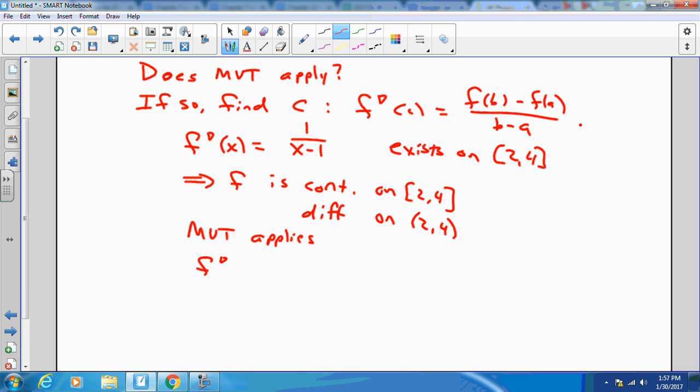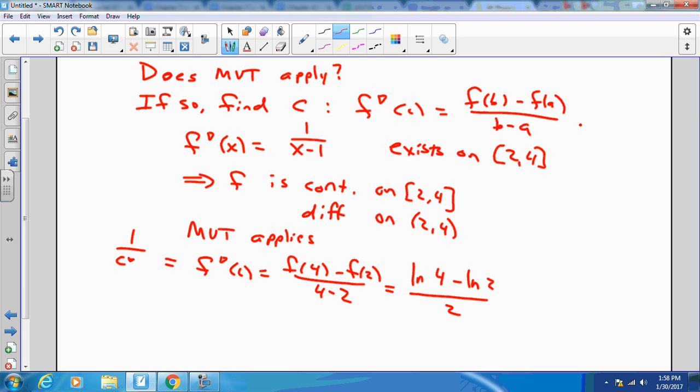And to find that value of c, I'm going to set f prime of c equal to f of 4 minus f of 2 over 4 minus 2, which is the natural log of 4 minus the natural log of 2 all over 2. What is f prime of c equal to? It is equal to 1 over c minus 1.